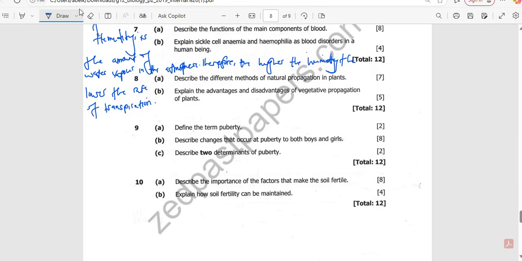Then another factor from here, we'll look at light intensity. Light intensity is how bright or dim the light is, or is the dimness or brightness of light.